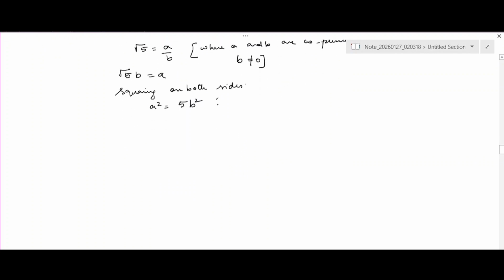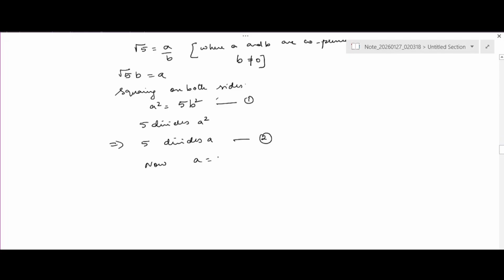So this will be 1. 5 divides a squared, which implies 5 divides a. This is 2.